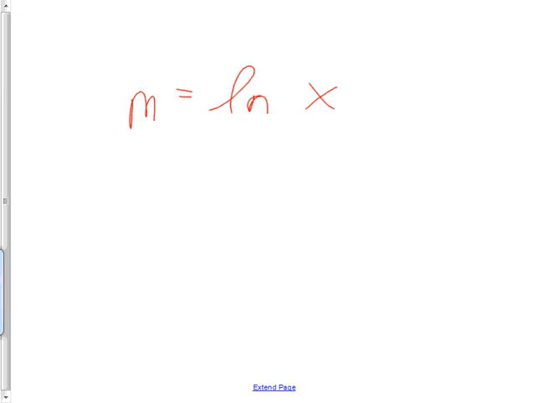Did you catch that this is log base e, and therefore it's e to the m equals x? Raise your hand if you had that right. Okay, good. Next, 10 log 7.